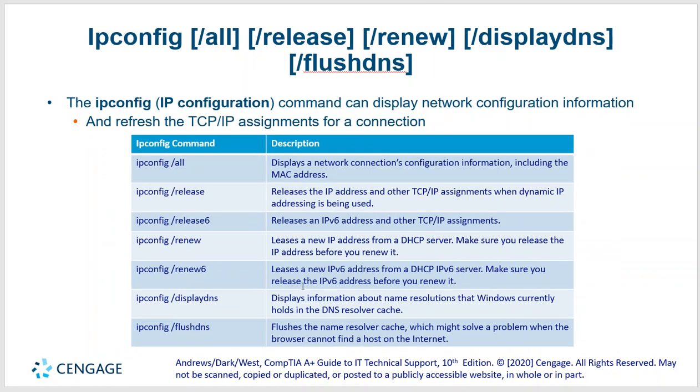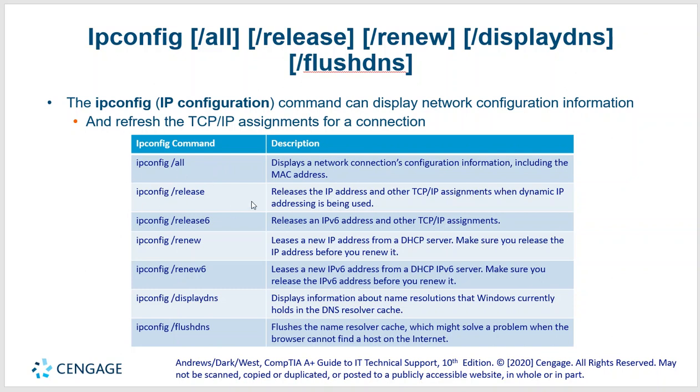ipconfig. All right, you can type in ipconfig on your computer and you'll get a limited amount of information. If you type in ipconfig /all, it will give you more detailed information.